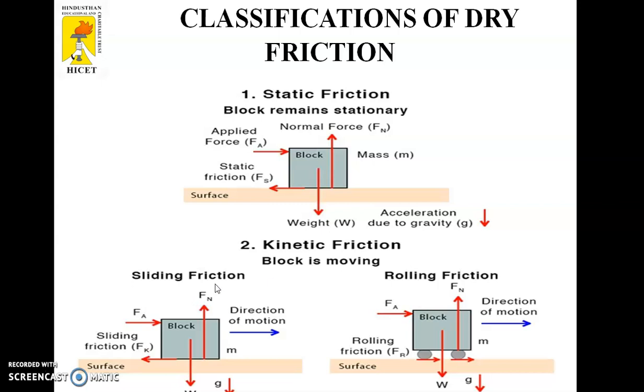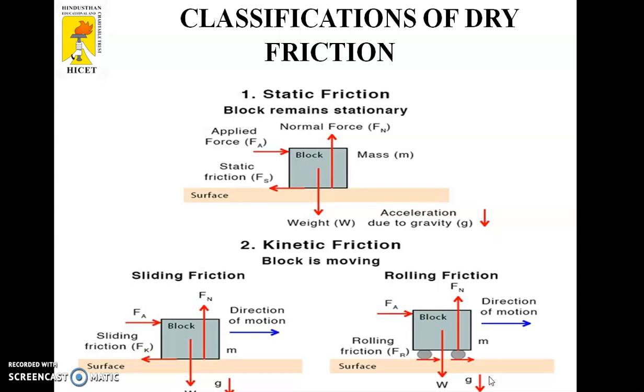Here the block is in motion. So we again have two categories: kinetic friction, sliding friction, and rolling friction. Sliding is the same concept, but the applied force is more. It is the same thing, but here the block is not stationary, it moves like this.